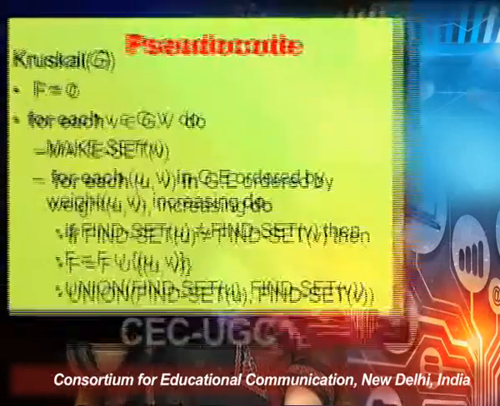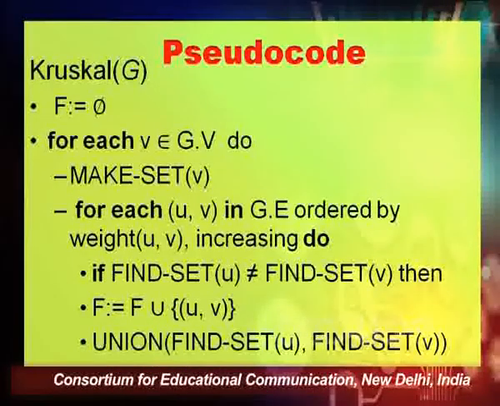Then if find set U is not equal to find set V, only then will we include this UV edge into our forest or into our result, which is F. F becomes F union UV.